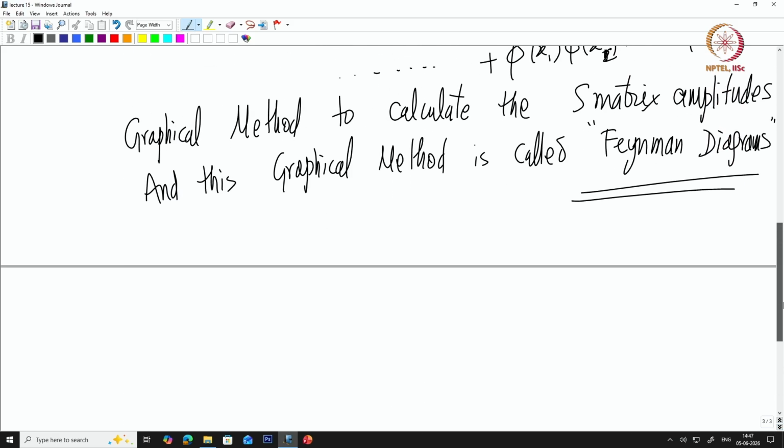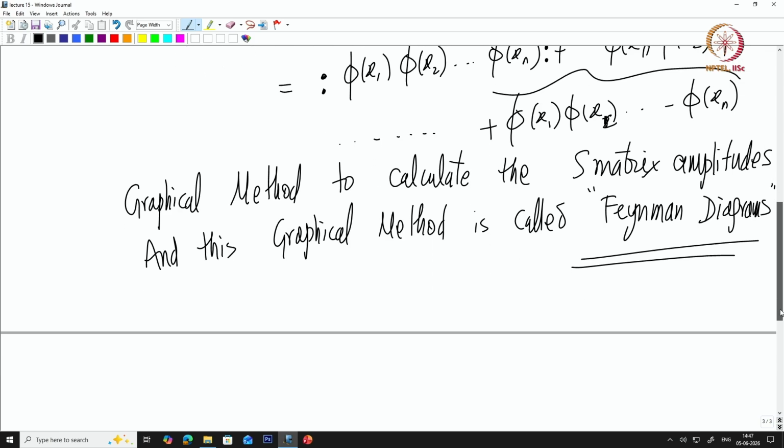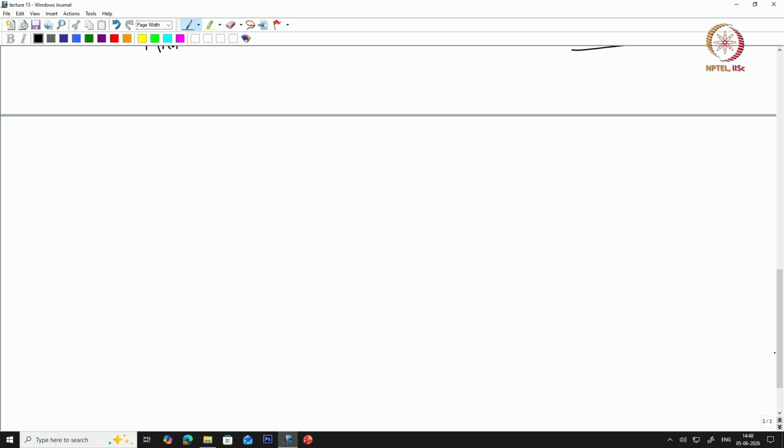So, each contraction, there could be 2 point contraction, 3 point contractions and so on. One of them will be the 2 point contraction, which we have seen is just the propagator, because it is just a time ordered product of two of them. Now, you want to represent everything in such a way that you can calculate it graphically.